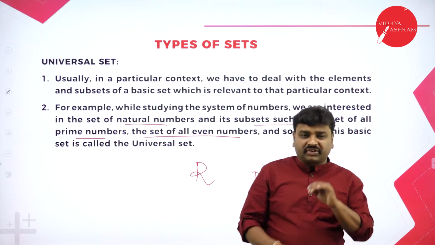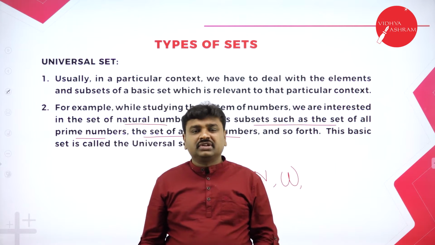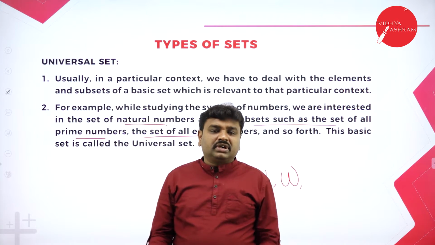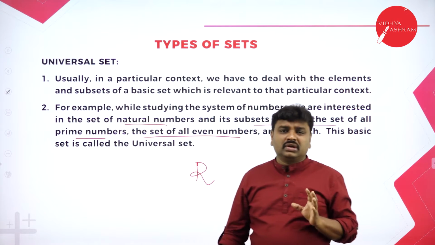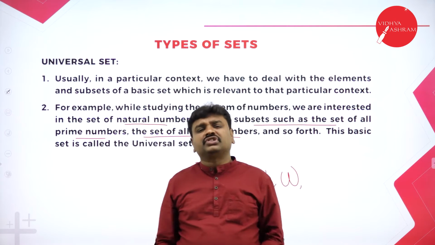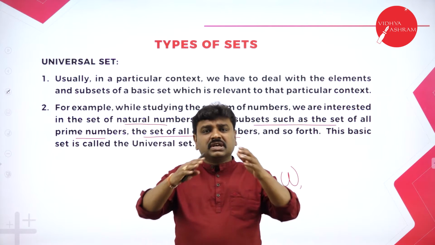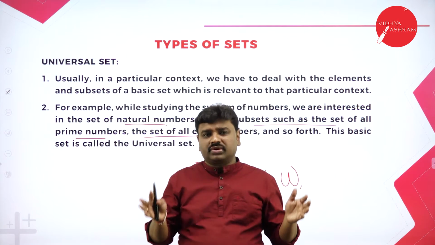In the given context, for example, the set of 9th standard students in any school, for example St. Xavier School, is a subset of the set of students in the school, because the big set contains the set of 9th standard, 8th standard, 10th standard, all the students.